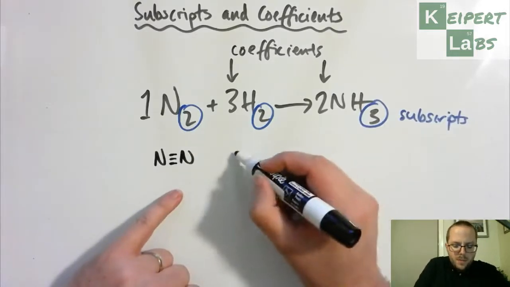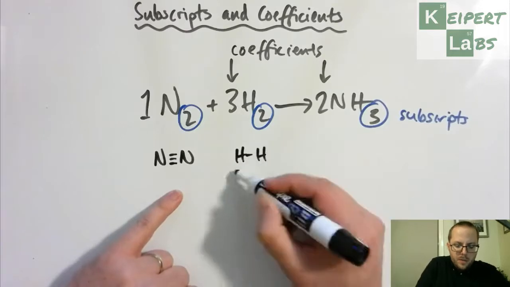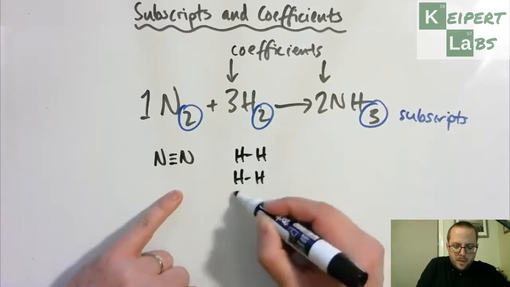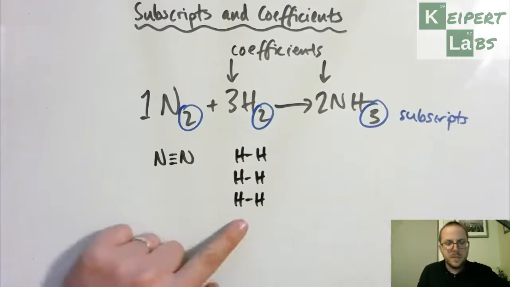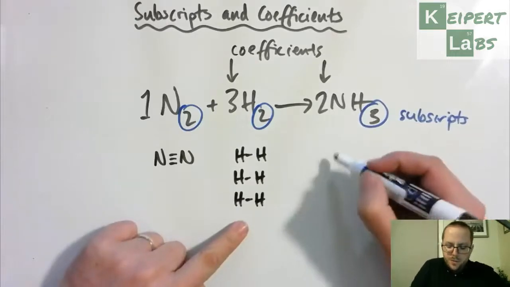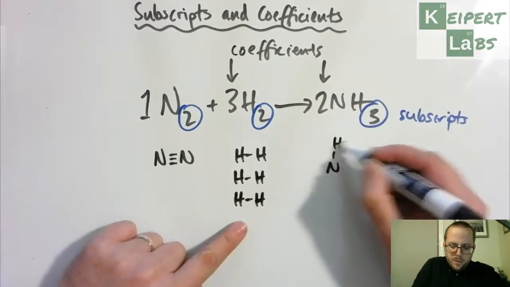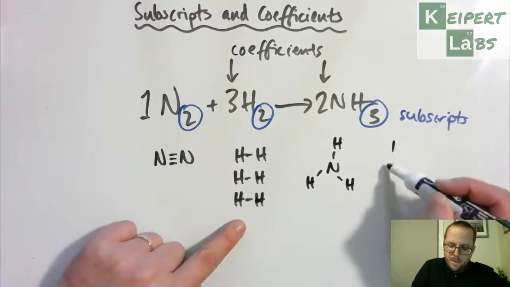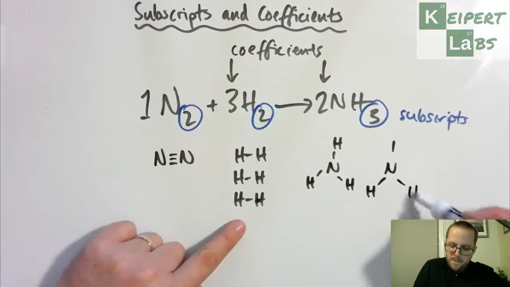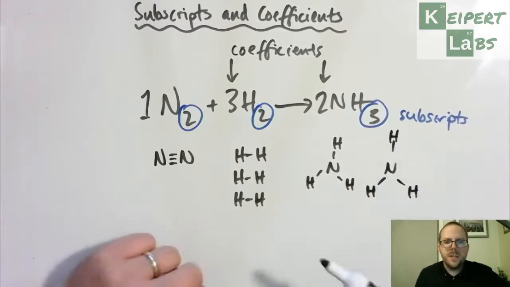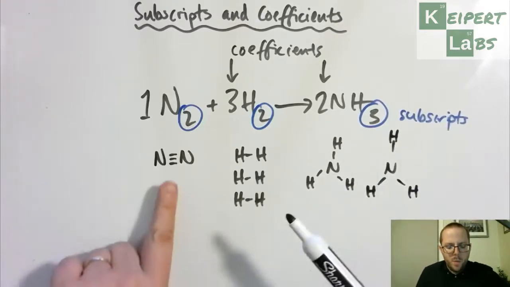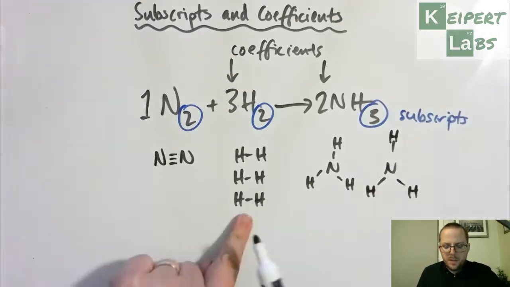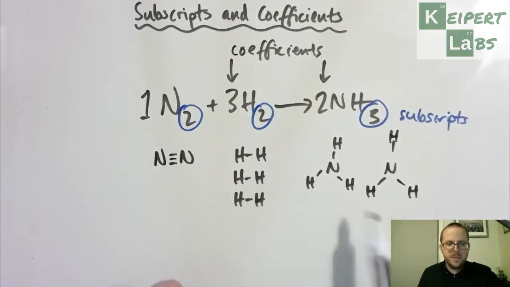And then plus 3 H2 molecules, which I'm going to draw like this, forming 2 NH3 molecules. And I'm going to draw them like this in this kind of triangle shape, so you can get used to seeing this. So I've got one of these plus 3 of these forming 2 of these.